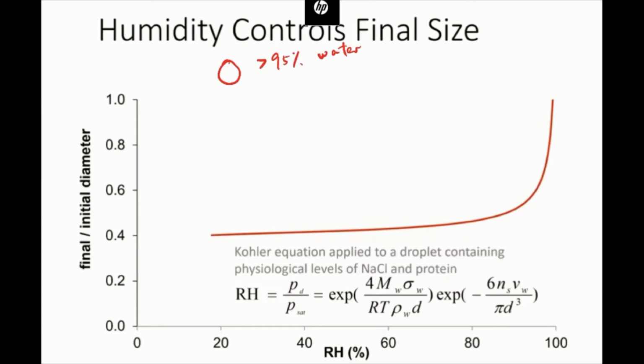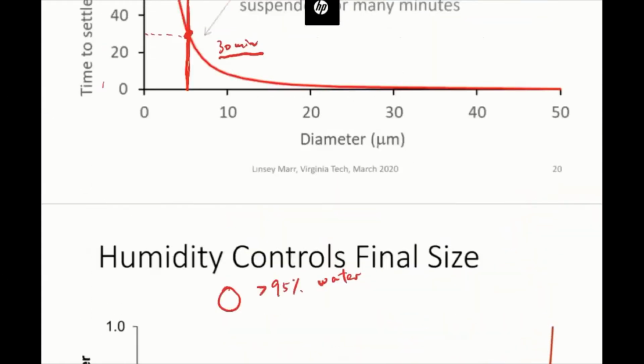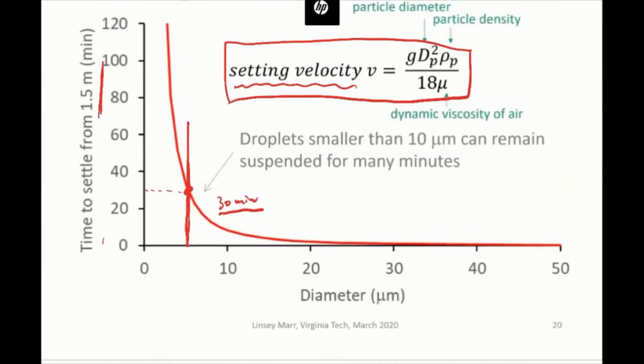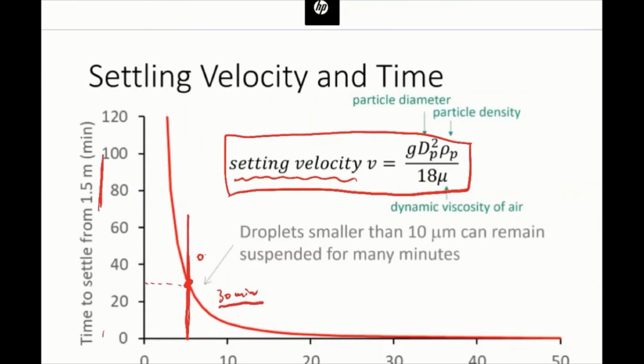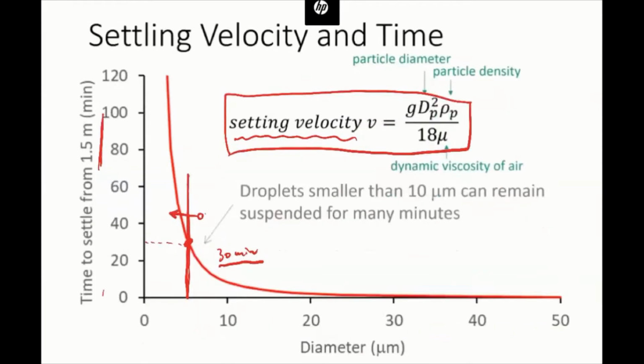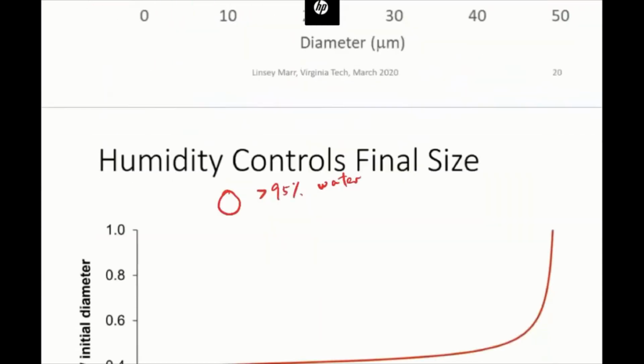This further worsens the case, because let's say originally we emitted 5 micron droplets into the air, and then because of evaporation, the size will shrink to the smaller side. If they shrink, then they're going to suspend for an even longer time.